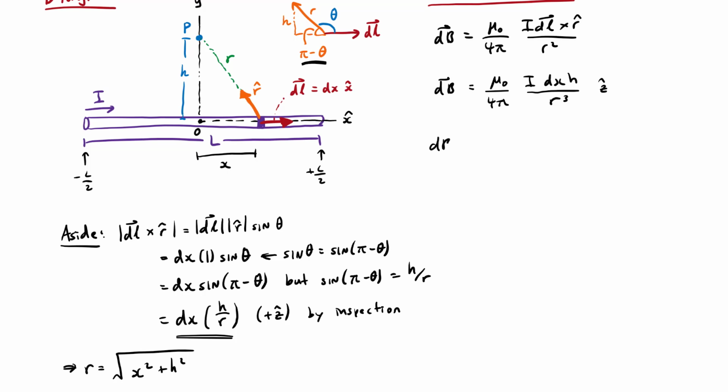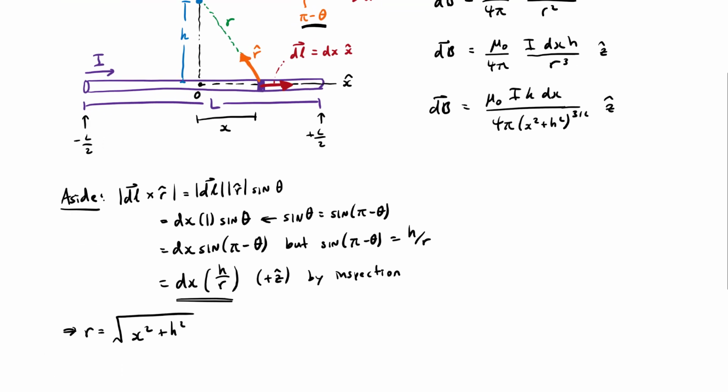And so my dB is equal to mu naught I h dx over 4 pi times x squared plus h squared to the power of 3 over 2 in the z direction.